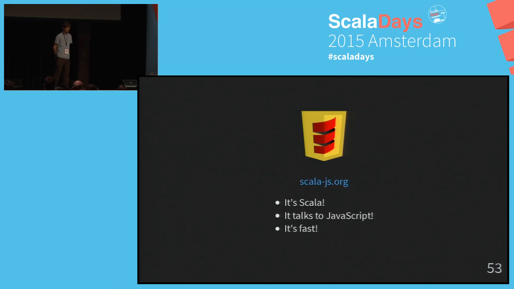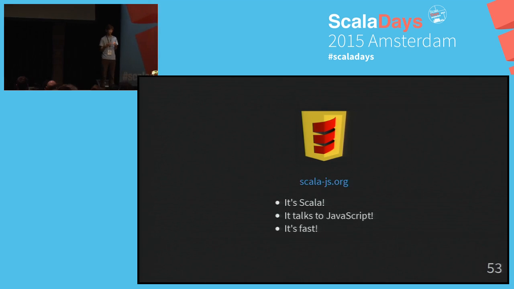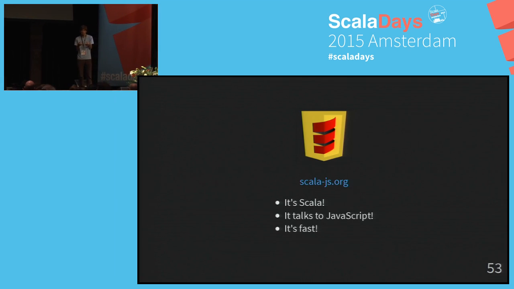Well, precisely because you don't need to go to JavaScript. Because of the nice interoperability, you really can do anything JavaScript can do. So everything that you would be able to write in JavaScript, you can also write in Scala.js. You don't ever need to go to JavaScript. You can if you want, but you really never need to.